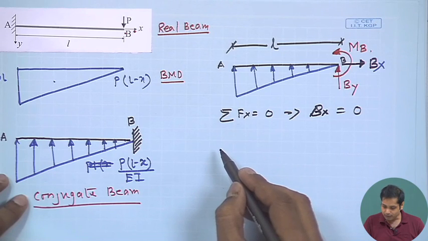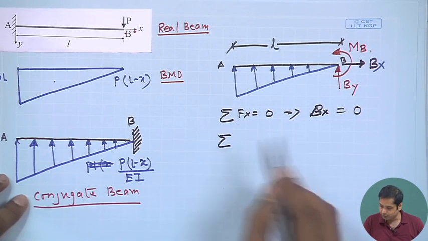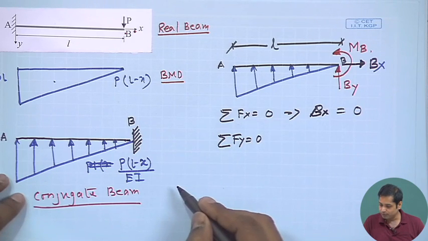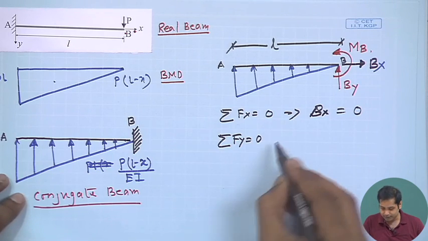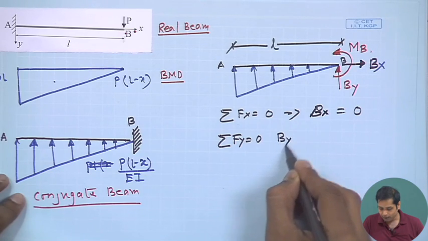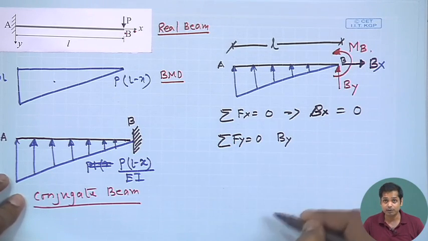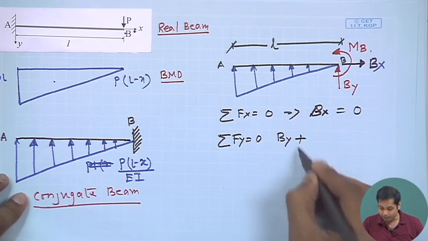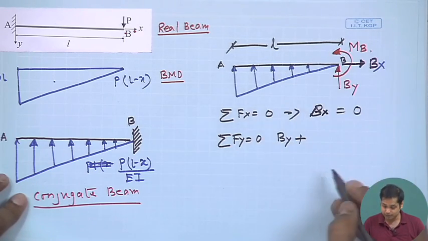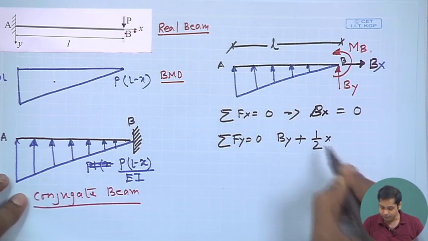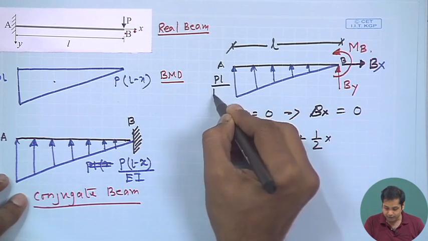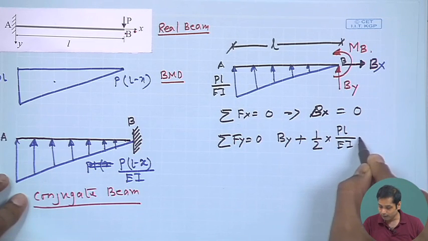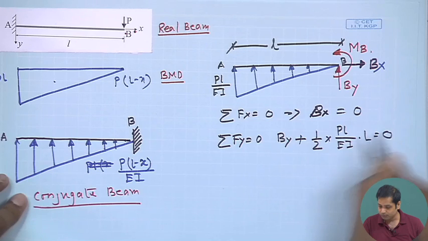So, then take summation of Fy equal to 0. This gives us By, which is in the upward direction, so positive as far as algebraic operation is concerned, plus the entire load is also upward, so that is positive: half into PL by EI into L, that is equal to 0.